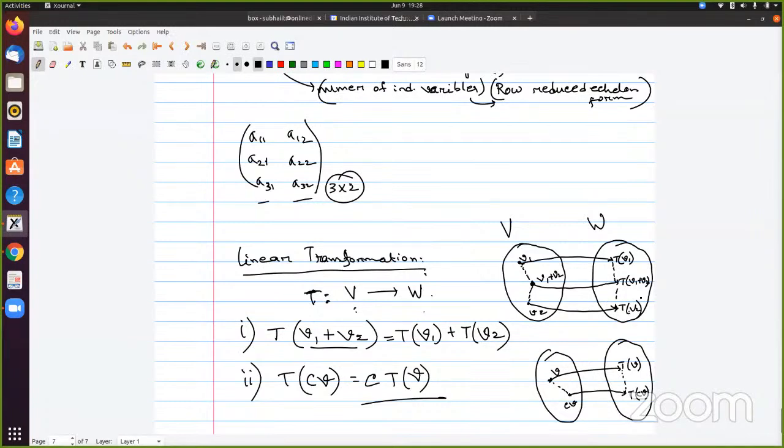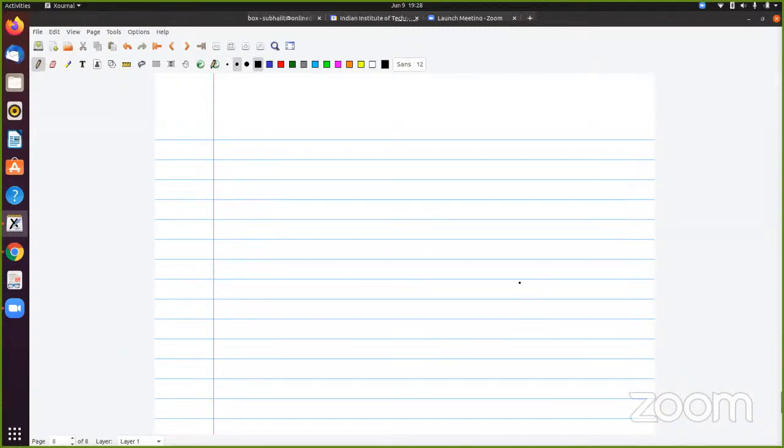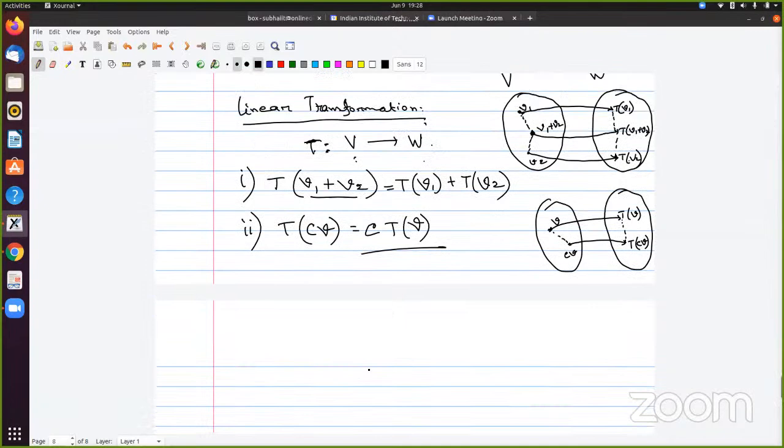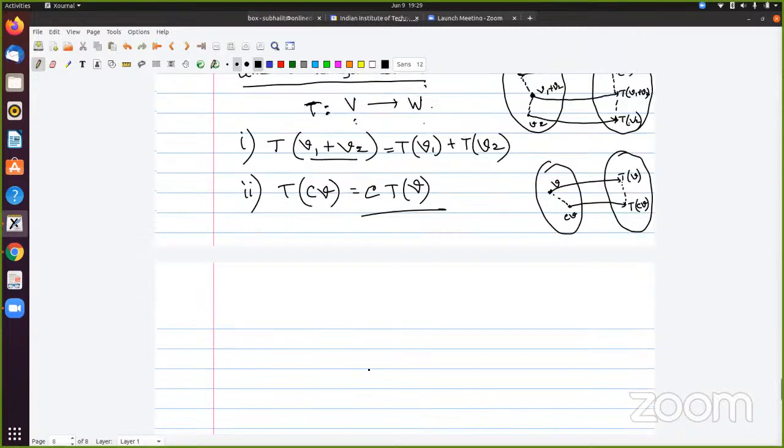Clear? Let me give you an example, then it will be a little more clear. If these two properties hold, then it will be called a linear transformation. So T from R2 to R2.